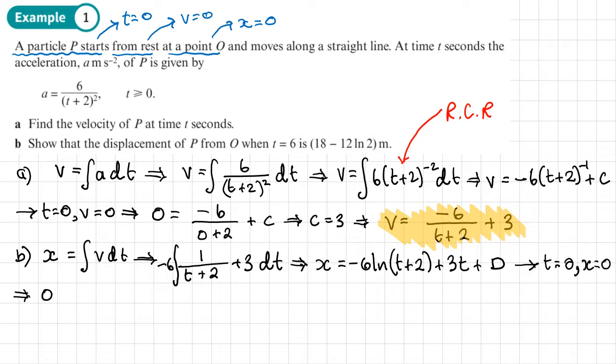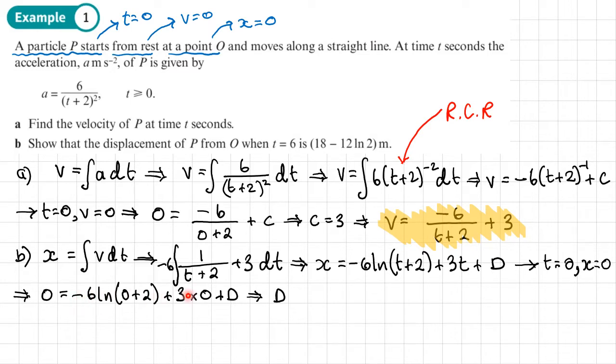So x, which is 0, equals -6 natural log of t plus 2, so it's going to be 0 plus 2, plus 3 times by t, so that's 3 times by 0, plus D. Let's work out the value of D then.